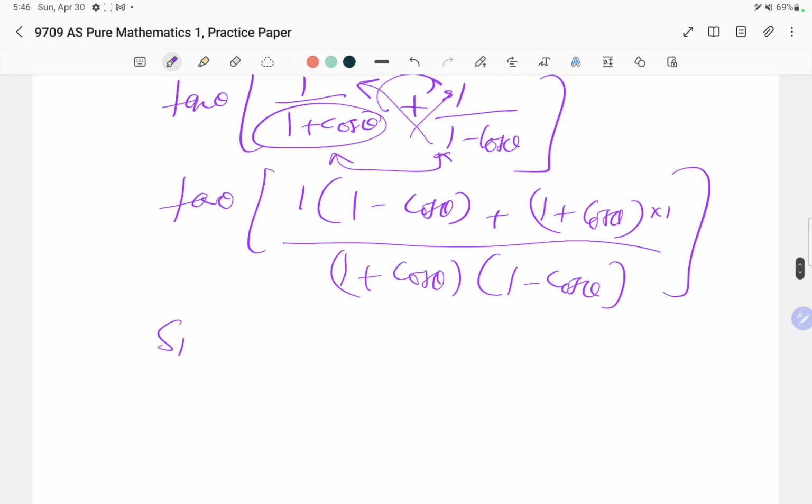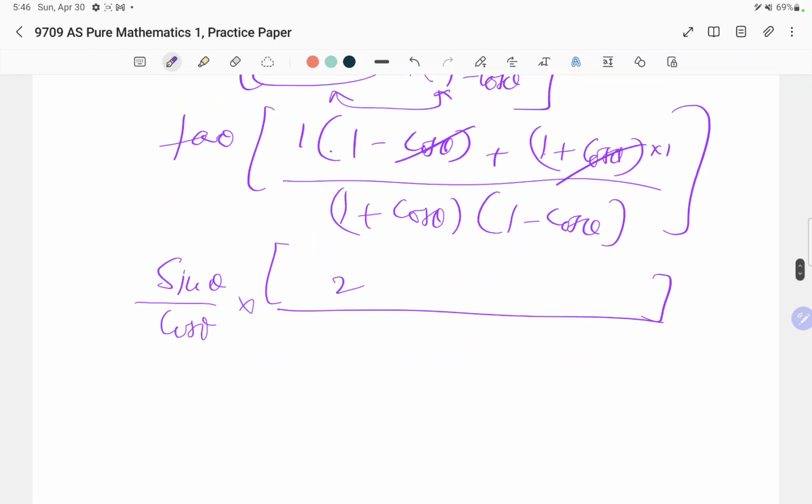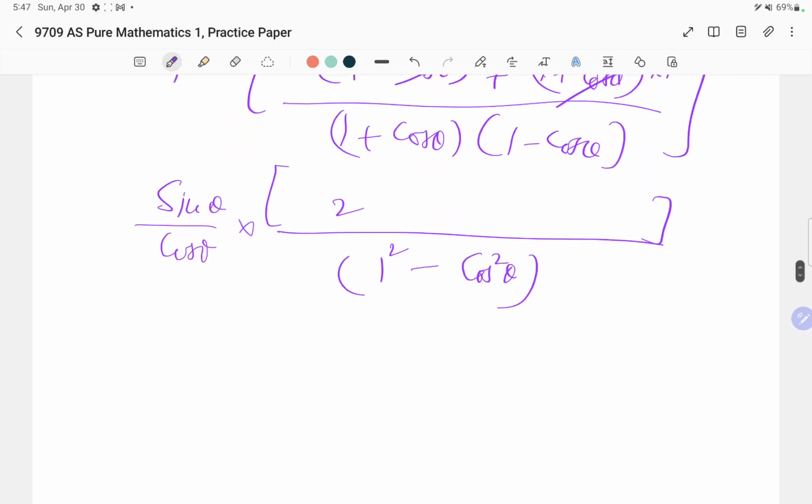So this tan theta you have to write as sin theta over cos theta, and then times, here the numerator is 1 plus 1, that's 2, and minus cos plus cos cancel. And this is 1 plus cos, 1 minus cos. So you can write (a plus b)(a minus b) is a square minus b square. So 1 square minus cos square theta.